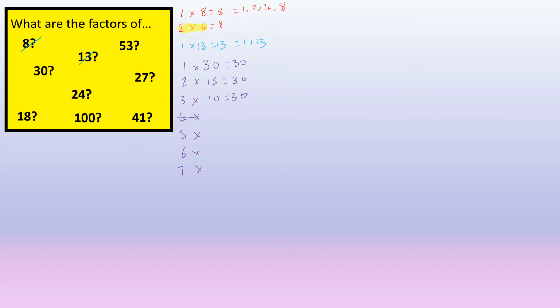Can't times anything by 4. I can do 5 times 6. And I don't need to do 6 times 5 because it's the exact same as 5 times 6. So let me get rid of those ones. So our factors of 30 are 1, 2, 3, 5, 6, 10, 15, and 30.